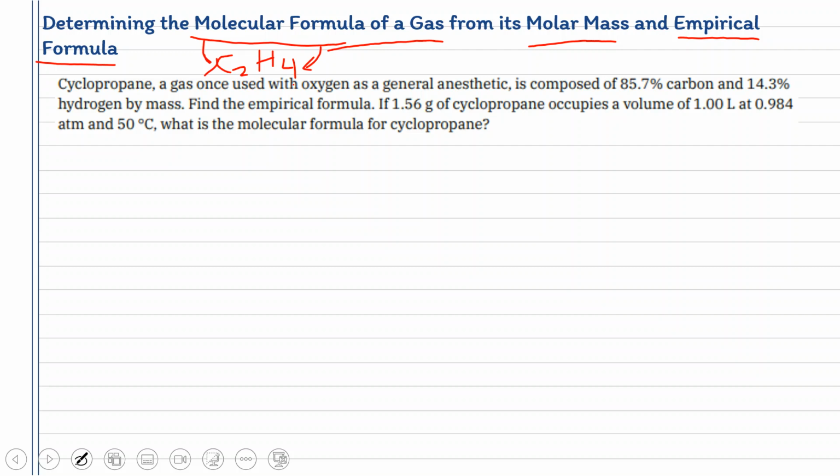Now, the subset of molecular formula is something we call empirical formula. An empirical formula is just like the molecular formula, but it gives you the simplest whole number ratio. Okay, so if I wanted the empirical formula of this molecular formula, what do you think it's going to be? Remember, I said it's the simplest whole number ratio.